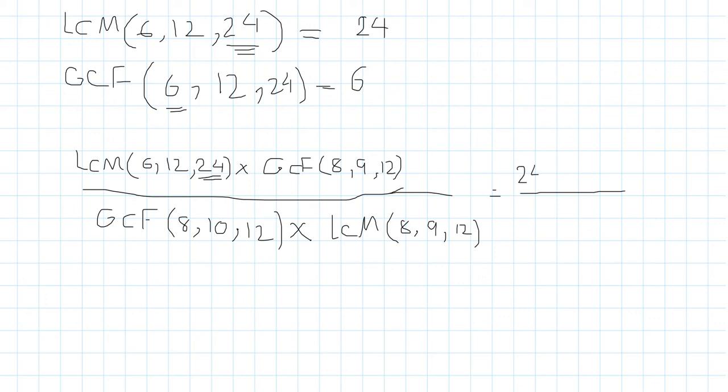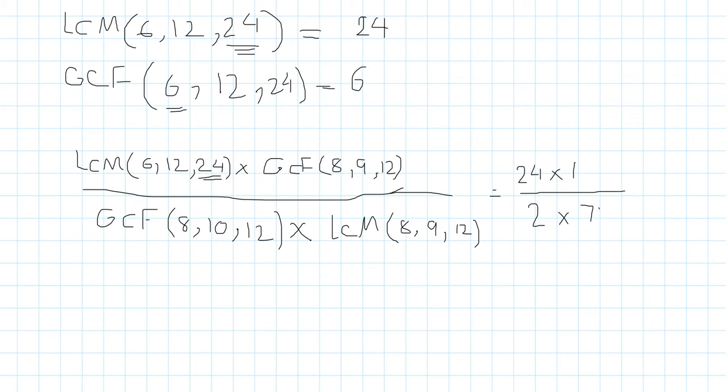So it's 24 times the GCF between 8, 9 and 12, because they cannot divide each other, and we found that the GCF is 1. So I write 1 here. The GCF between 8, 10 and 12, again they cannot divide each other, but we found it is 2, times the LCM between 8, 9 and 12, we found it is 72.